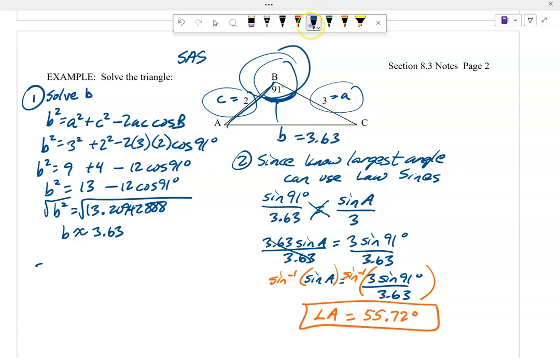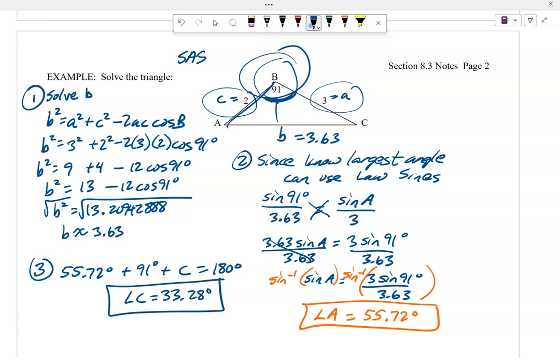And so our final step 3, we have angle A, we got angle B. We just don't know angle C, but we know they all add up to 180 degrees. And so angle C's got to be 33.28.